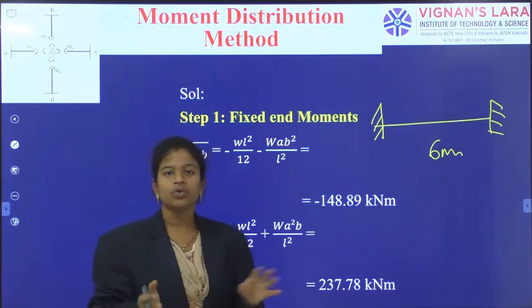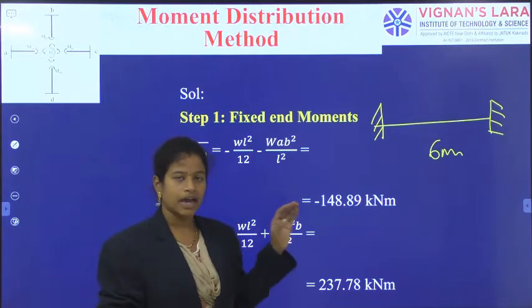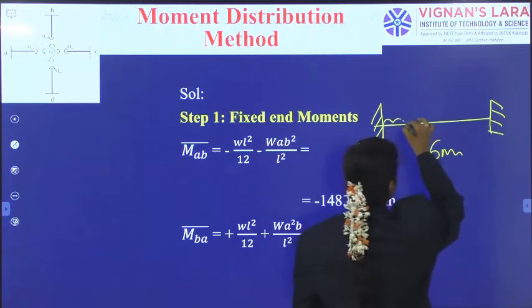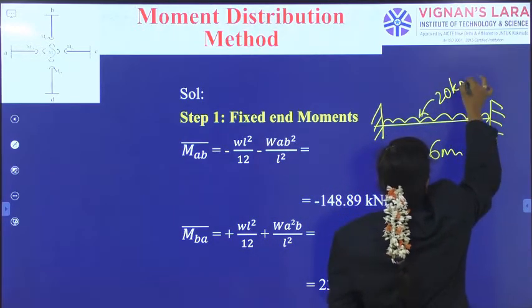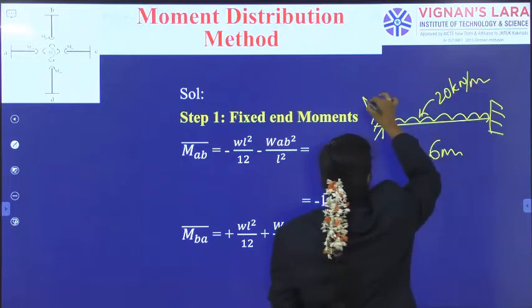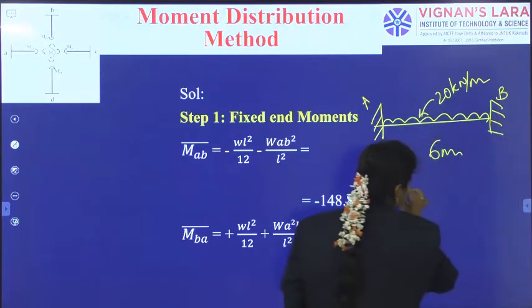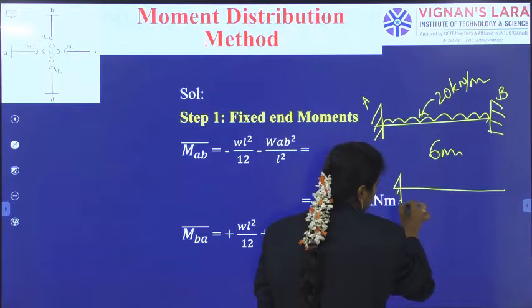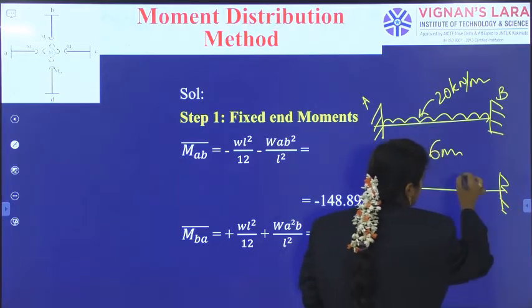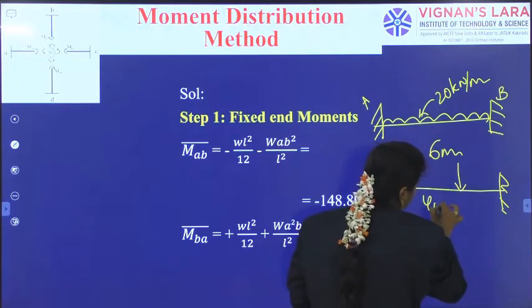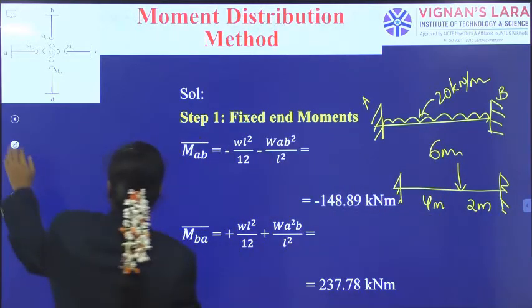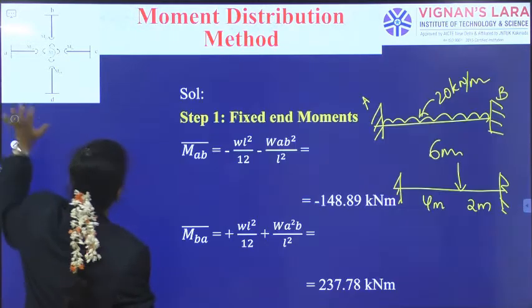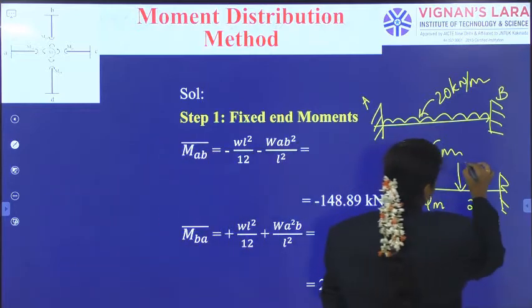As you already know the individual formulas for the two loads, I am writing: 6 meter length of the beam having a UDL of 20 kN per meter intensity, and the same AB has a point load at a distance of 4 meter from the left support and 2 meter from the right support with a load value of 200 kilonewtons.